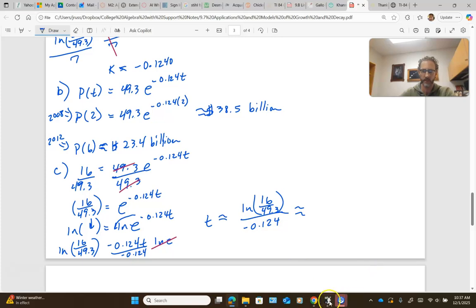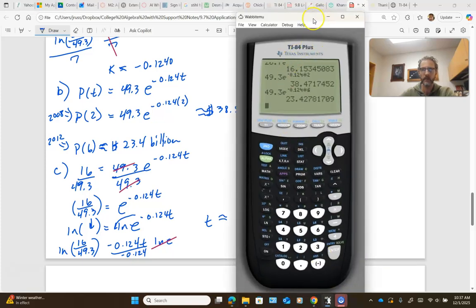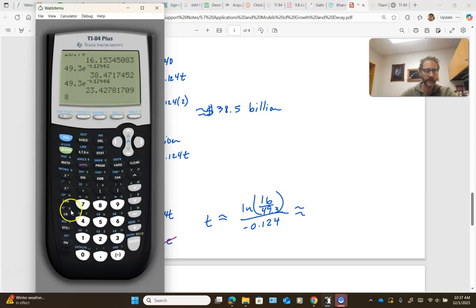So this will tell us, alright, so the natural log of 16 divided by 49.3, close those parentheses, and then divide that by k, which is a negative 0.124. Alright, so this is approximately, let's say to the nearest tenth of a year, this would be 9.1.